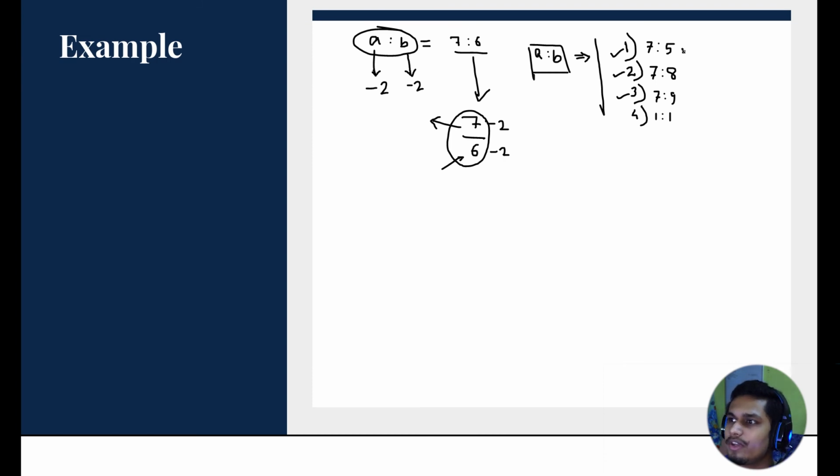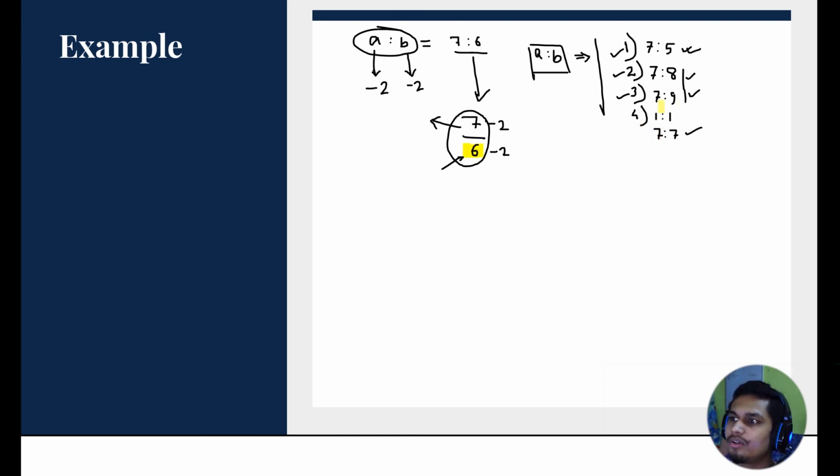So here we have 5, that is lesser than 6. For others we have 8, 9, and if you consider this one, this is actually 7:7. So 8, 9 and 7, all three are greater than 6.